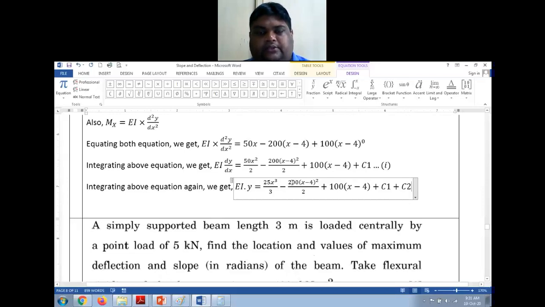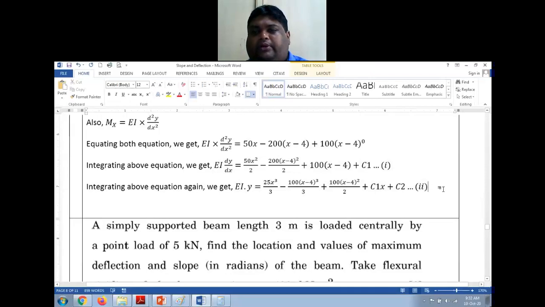Okay, this we are done. This is 200 by 2, so this will become 100. This will be x minus 4 whole cube by 3. Now this is 100 into x minus 4 raised to 1. So I will now make this square by 2, right? And c1 will become c1x and c2 is the new constant. So call this equation as 2.